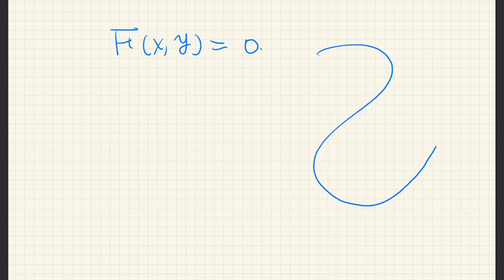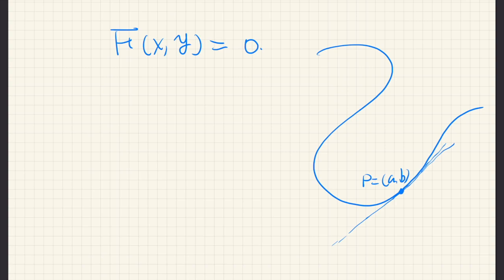Let's see an application of the implicit function theorem. That is to find a tangent line of a general curve defined by f(x, y) = 0. Suppose we have some curve that may not be given as a function, but we might want to find a tangent line at some point, let's say P = (a, b).